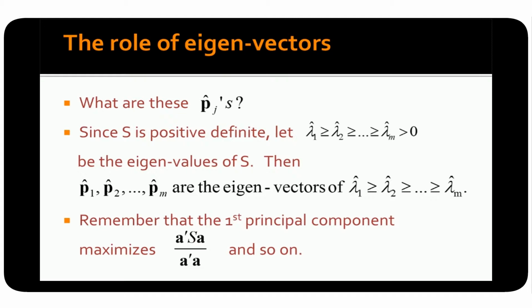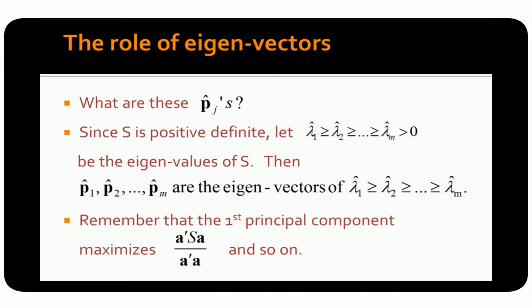So, these eigenvectors are, as before, used as the coefficients of the x's in forming the principal components. The first principal component is given by y1 hat, which is P1 hat prime x.